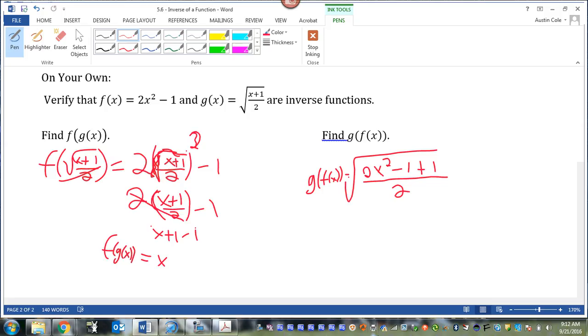Divide? Okay, I'd do something else first, but you're on the right track. Subtract. These will cancel out, minus 1 plus 1.